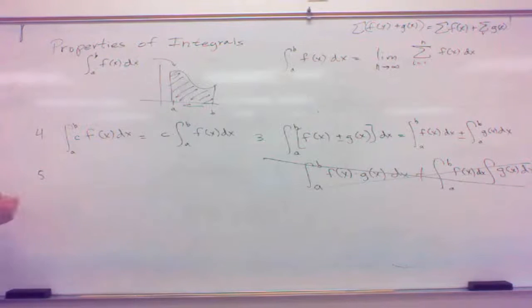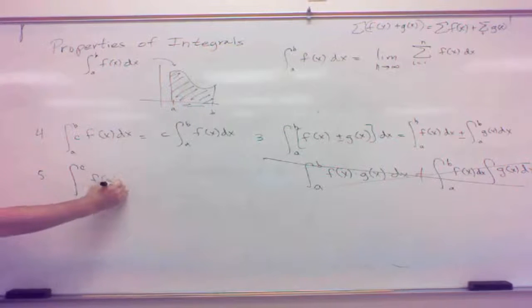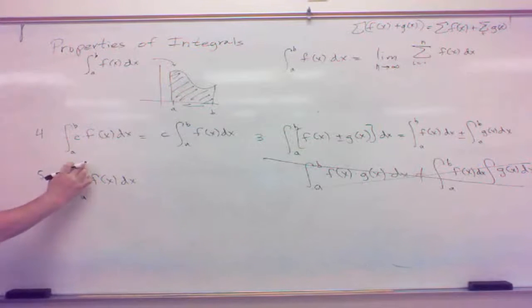And then number 5 is one we'll use a little bit later. Say we're going a to c, f of x dx. I think, let me use the same notation as the book.